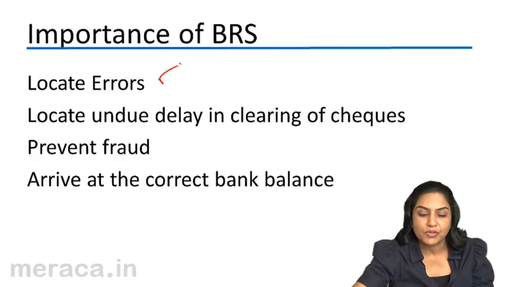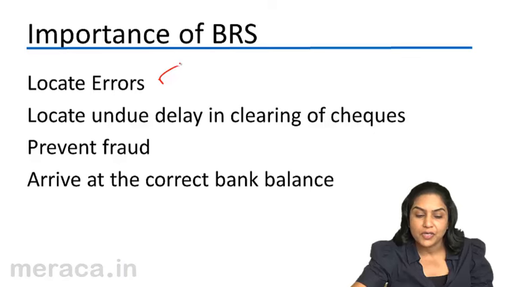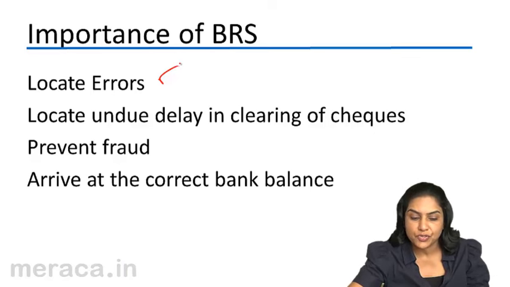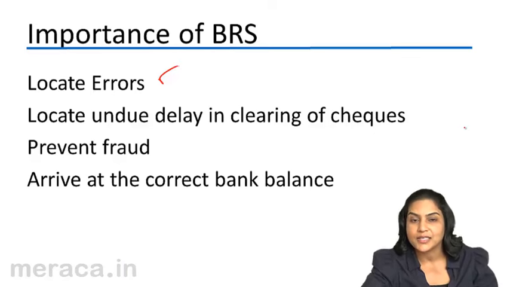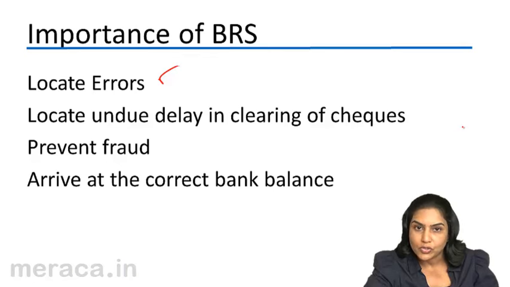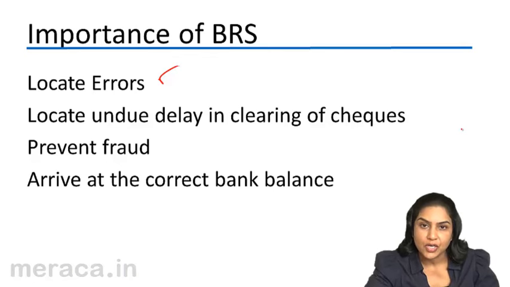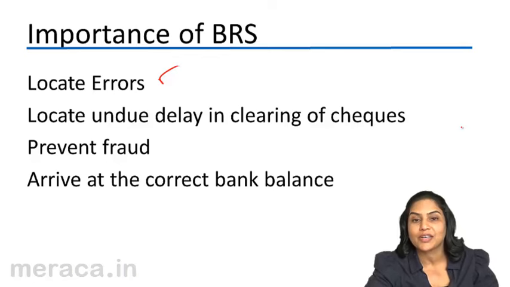Like we were talking about the businessman, very often these huge differences could be due to undue delay in clearing of checks. Let us say the reason that there was such a big difference was due to 4 checks being deposited of 10 lakhs each, which were not cleared.